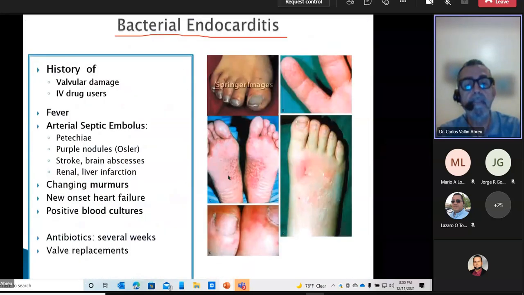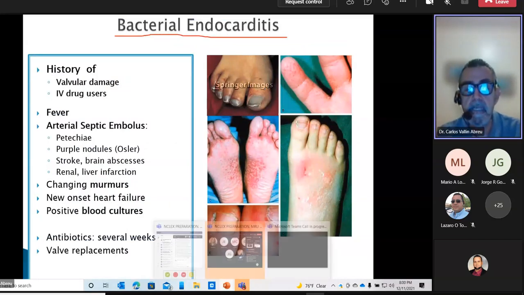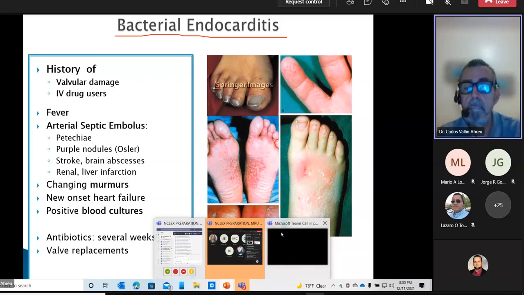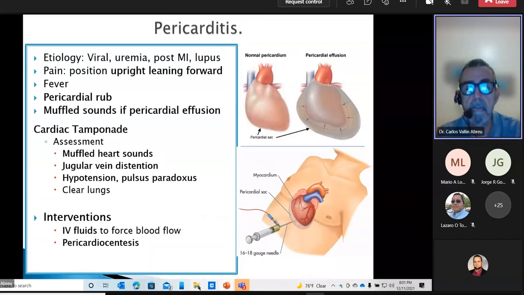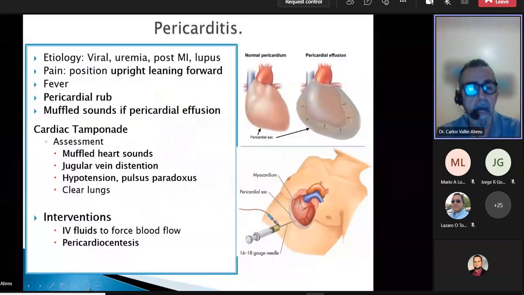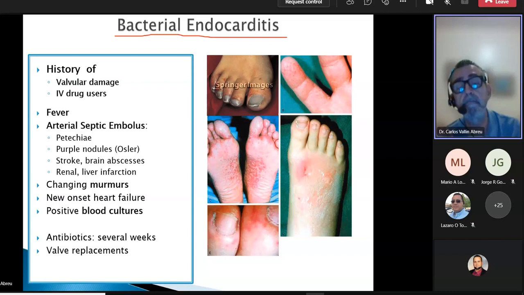And as a consequence, you are going to have a person with an infection inside the heart. What do you expect to be seeing in a person? You are going to see a person with fever, with a septic state, in bad condition.